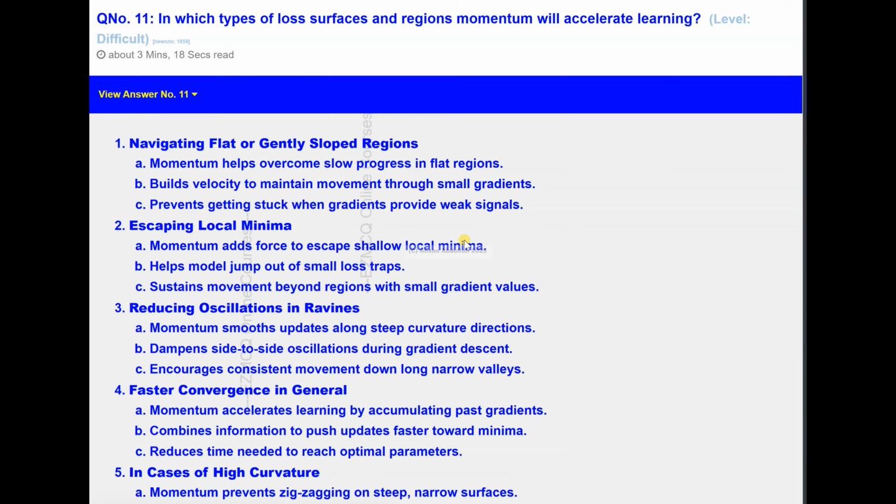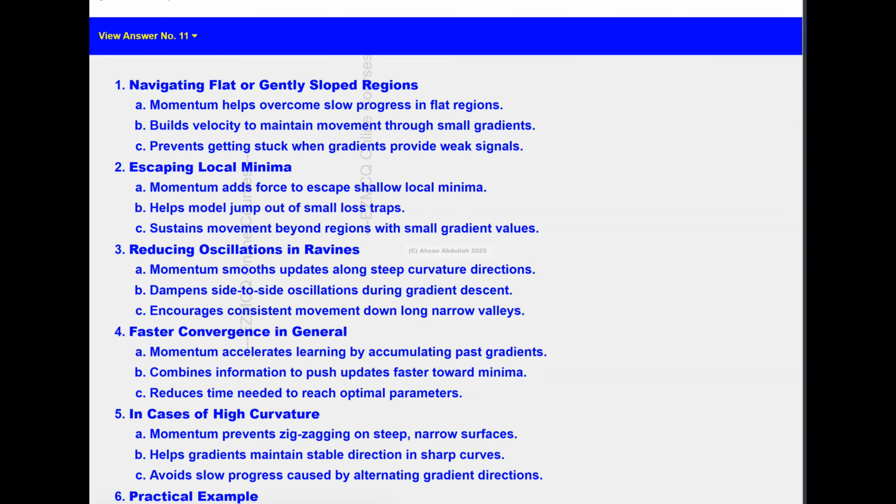All right. So now we go into those details. Navigating flat or gently sloped regions. In flat or low gradient areas of the loss surface, standard gradient descent slows down. Why?